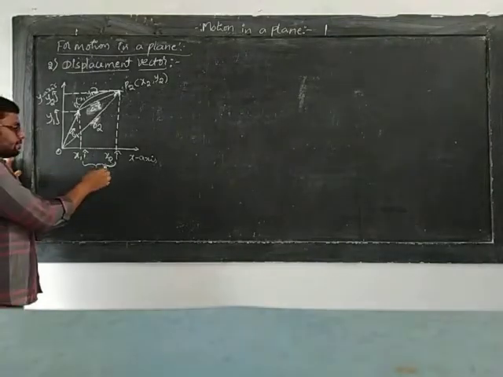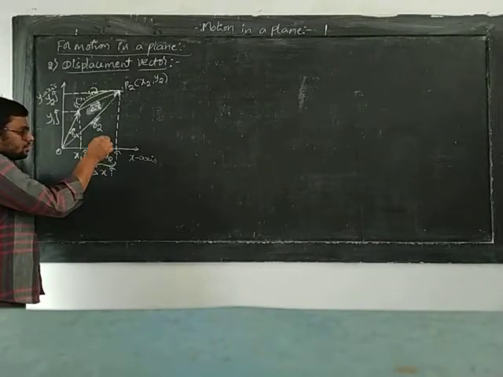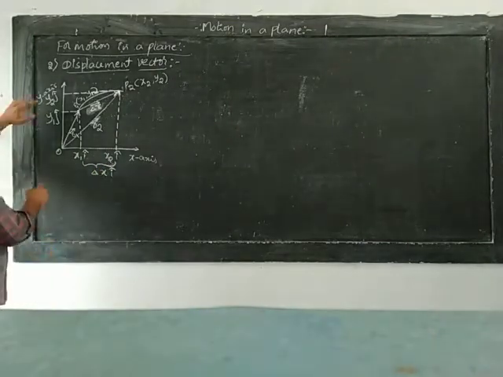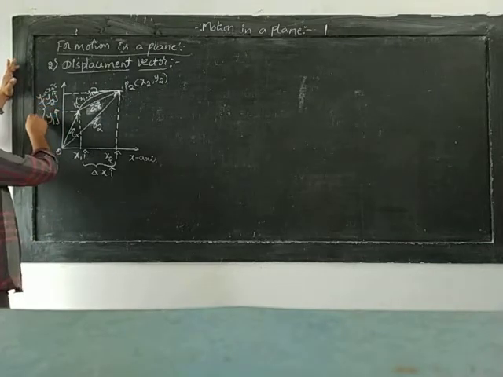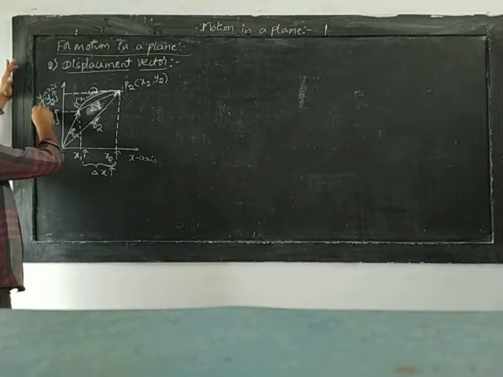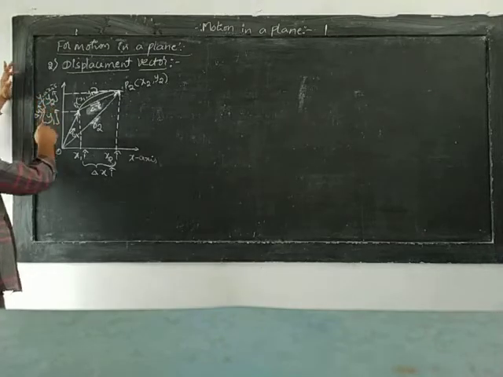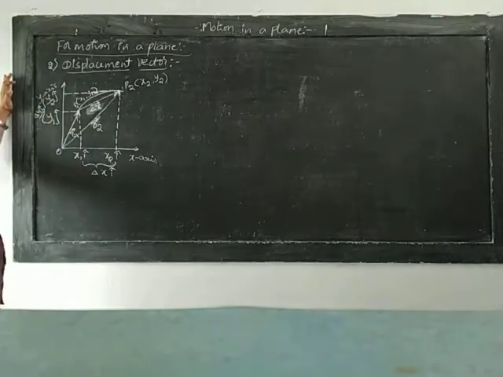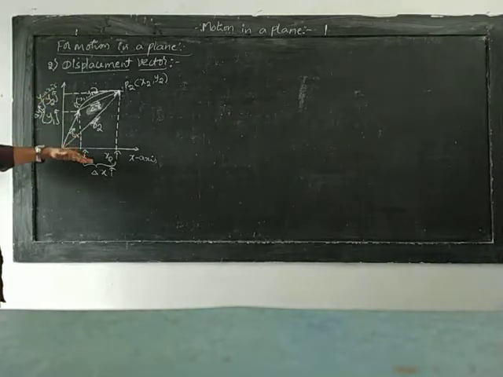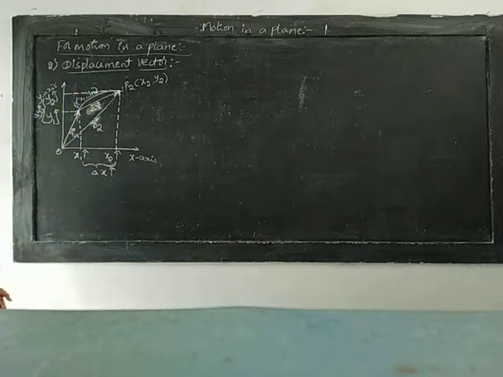And what will be the displacement along the y axis? That I will consider as delta y, that is y2 minus y1. Is it clear? Whatever I have explained now, I'm just writing in terms of words.